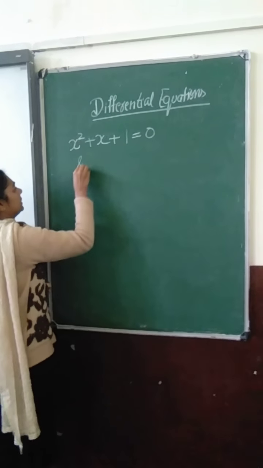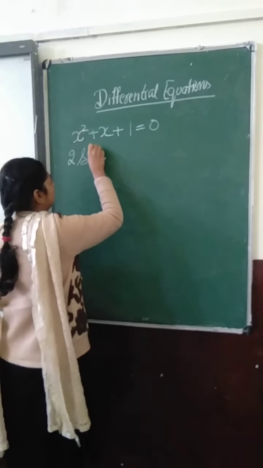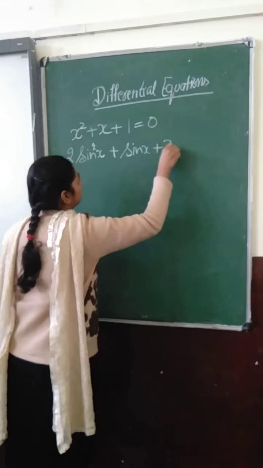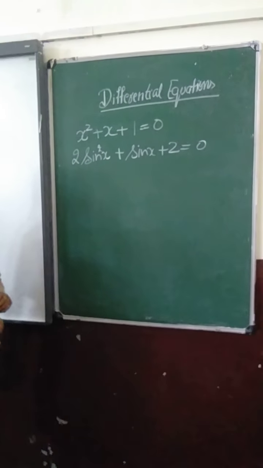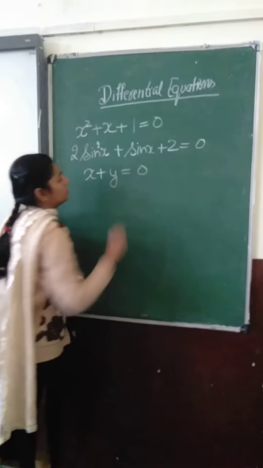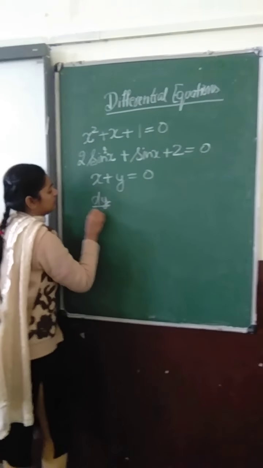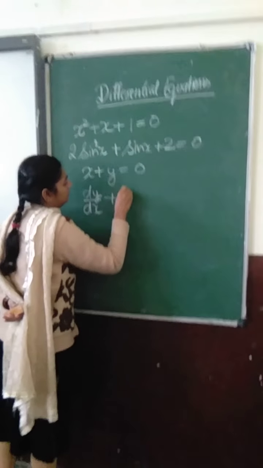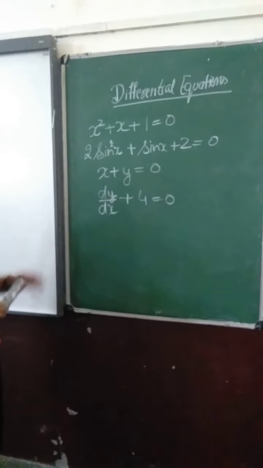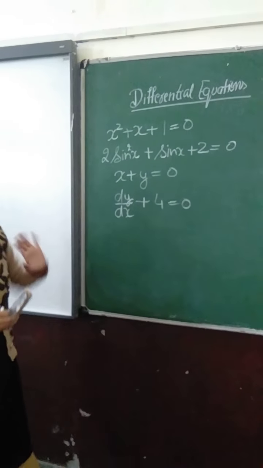Next, next one is x plus y equals to 0, and there are many more. So I have written these four equations. Now let us classify which type of equations these are.